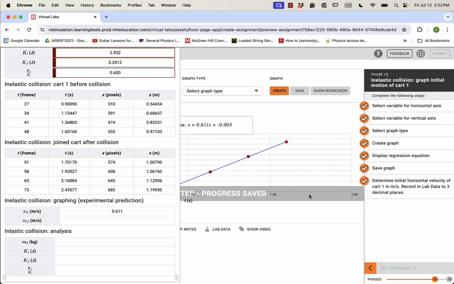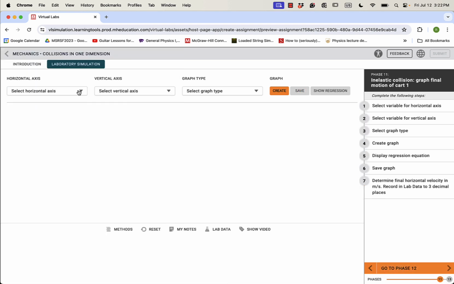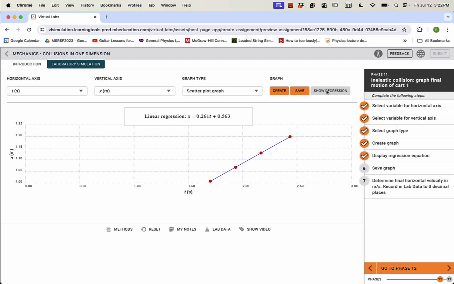Phase 11. Now we need to plot the graph for the final position of the first cart. That gives us the final velocity of cart 1. So time on the horizontal axis, position on the vertical axis, and then scatter plot, create the regression line.